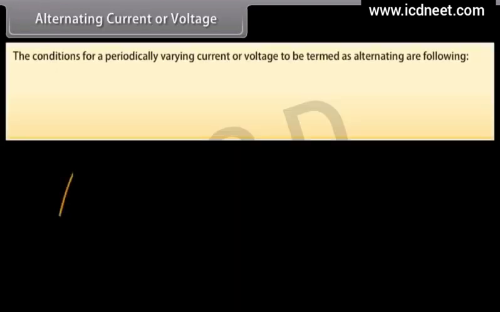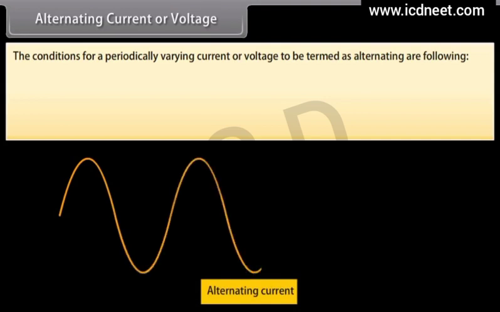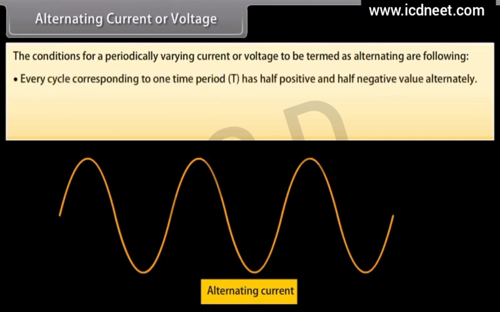Alternating current or voltage. The conditions for a periodically varying current or voltage to be termed alternating are as follows. Every cycle corresponding to one time period has half positive and half negative values alternately.